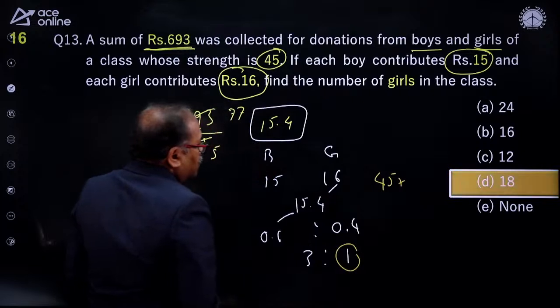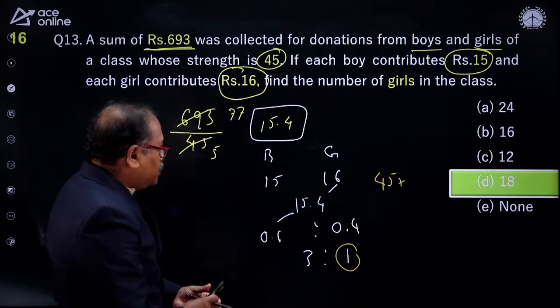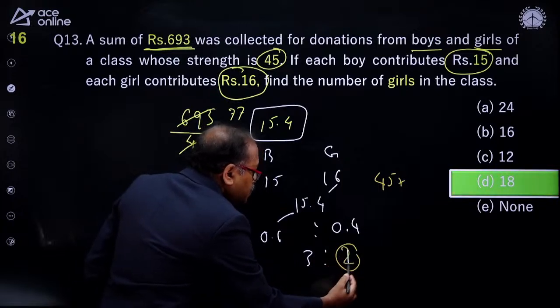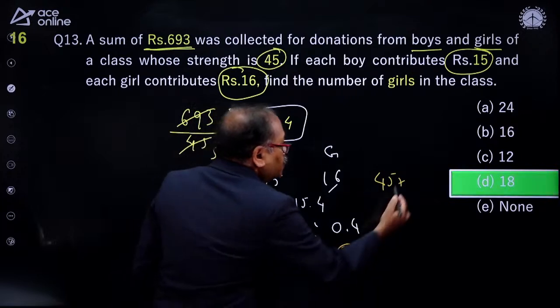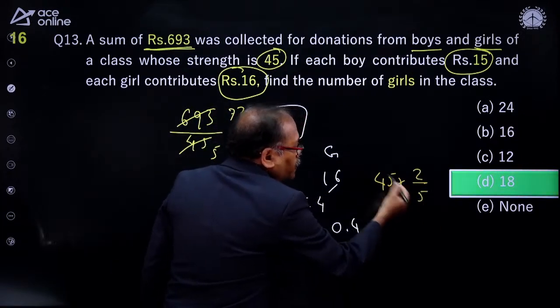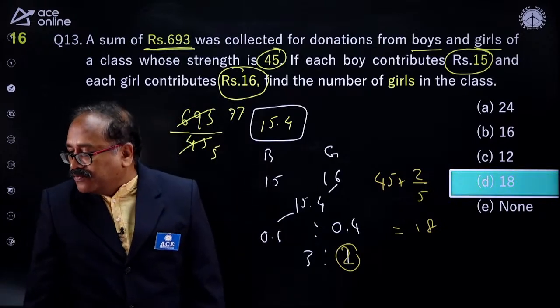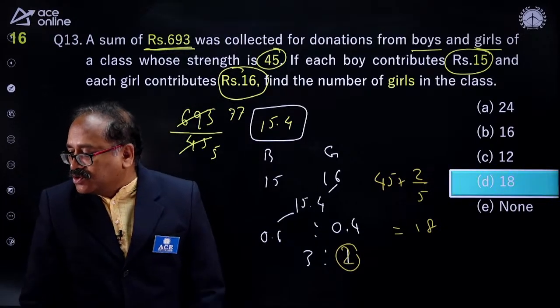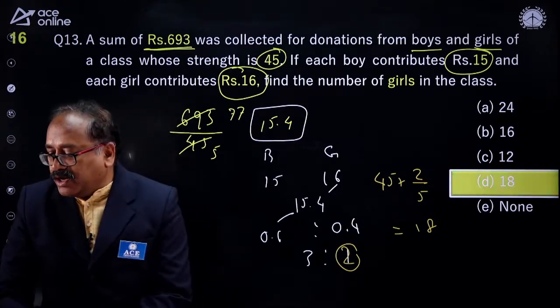How many parts? Am I getting 3:1? No, 3:2 ratio, not 3:1. So I need 2 parts out of 5 parts, 9 into 2 is 18. Well done, my friends. 3:2, yeah, that's right, Mr. Sheikh. I corrected it, sir. Thank you for reminding me.